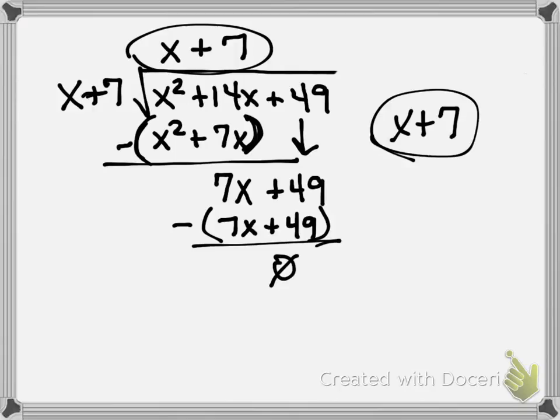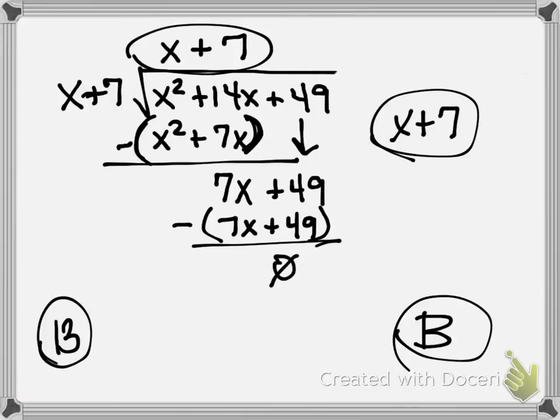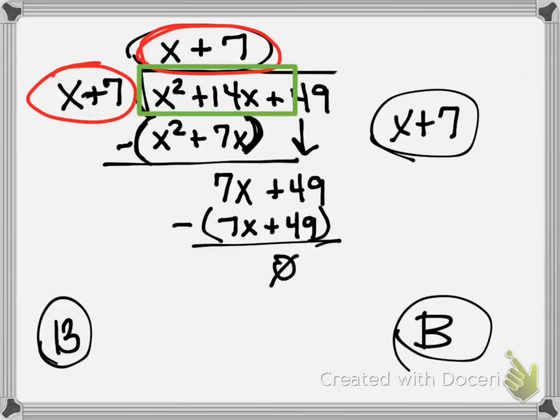So if you look at your answer choices on number 13, which is the one that we did, the choice is B. But I want you to see some things here. This tells you that if you were to multiply those two numbers, you would get that trinomial.